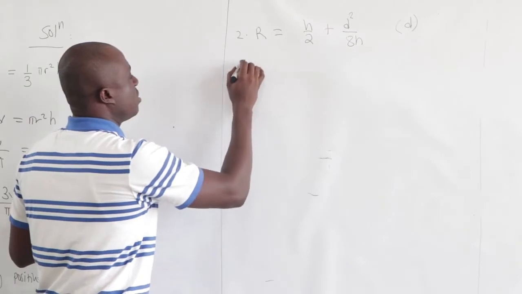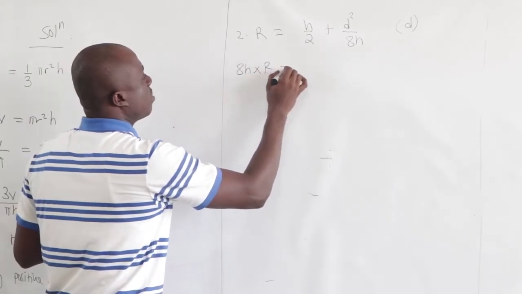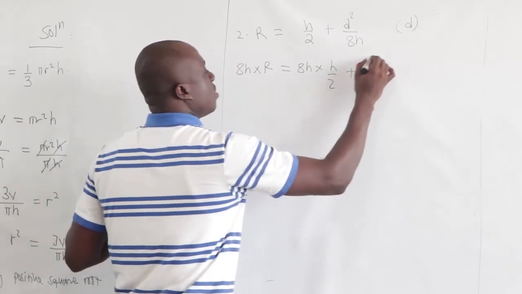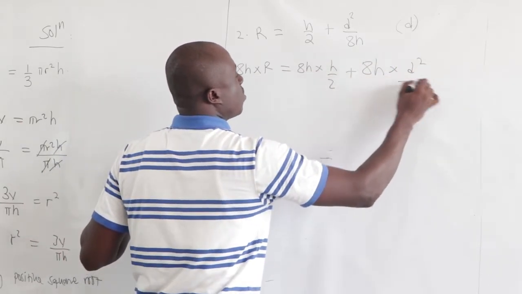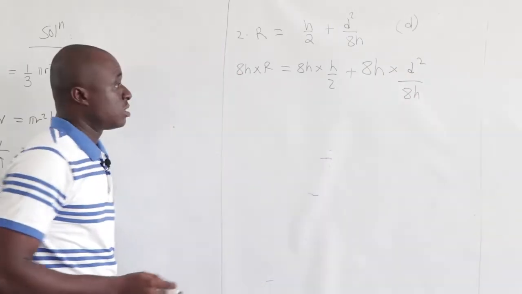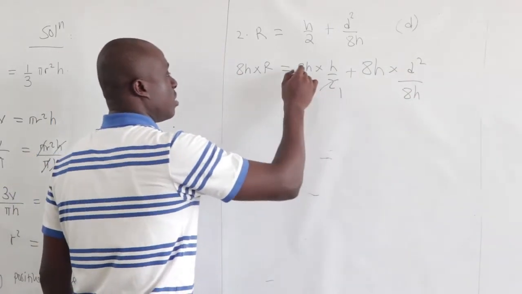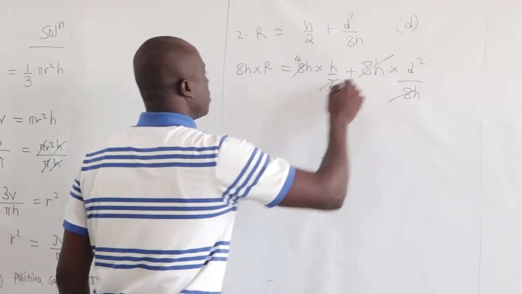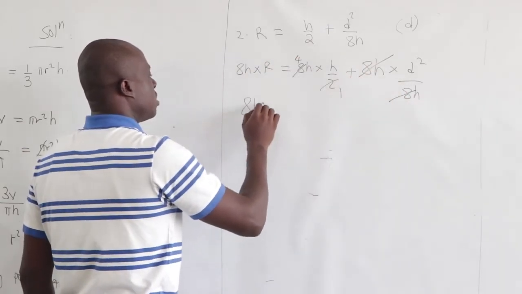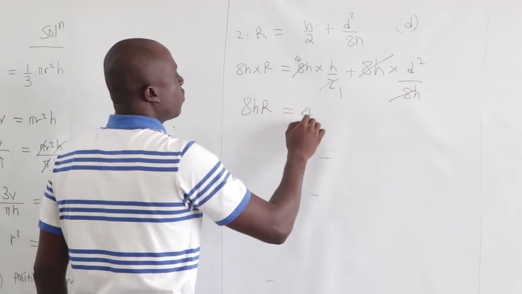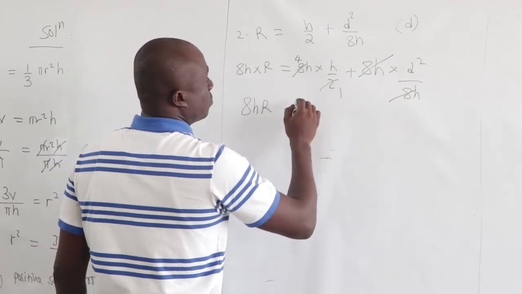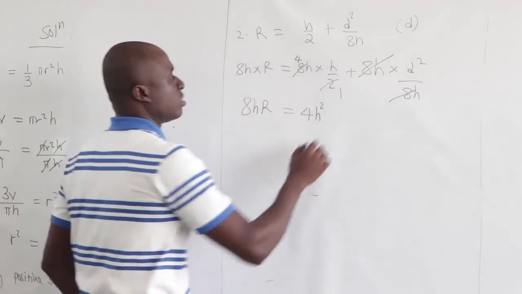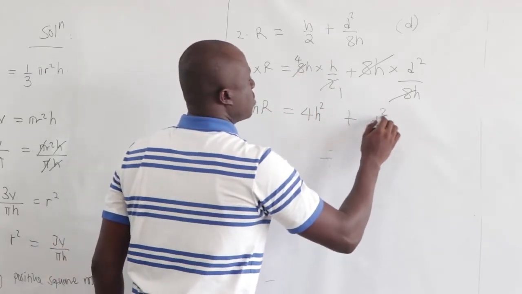So you have 8h times r, 8h times h over 2, 8h times d squared all over 8h. Now let's see, 2 going to 1, 2 going to 8, that is 4 times. 8h will cancel 8h. So you have 8h r equal to 4h squared, because h times h, that is h squared, plus d squared.